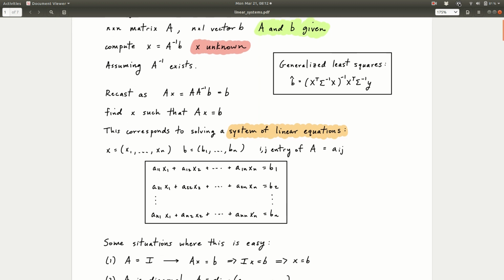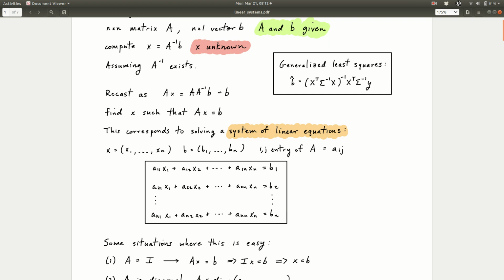So just giving you a little bit of notation here, if we write out the vector x in the following way, I'm using a lowercase letter without subscripts for the entire vector, and then we subset it with subscripts. Same thing for b, and I'm going to use the lowercase a with subscripts to denote the entries of the matrix A.